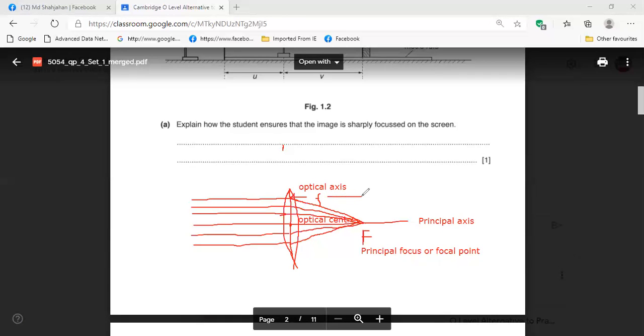This distance is known as focal length. So you write here, f is focal length.